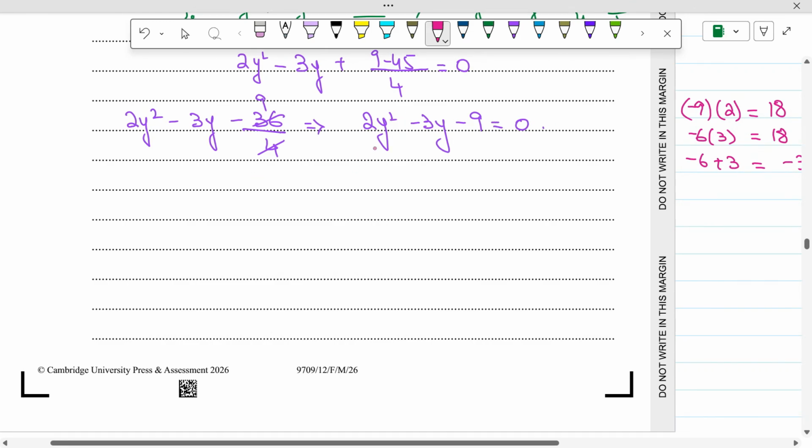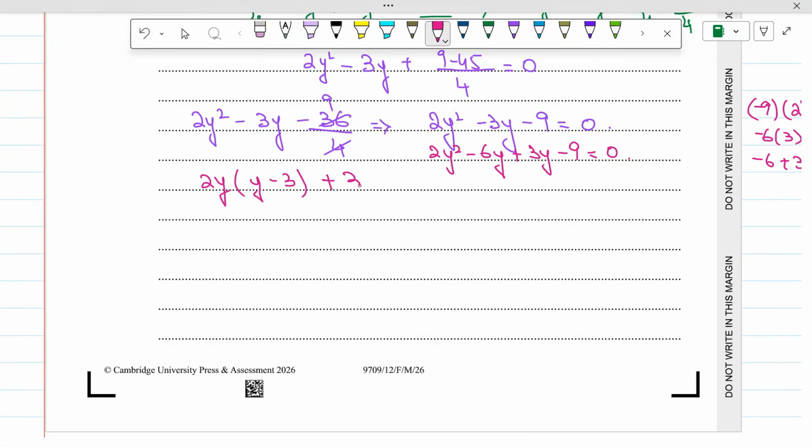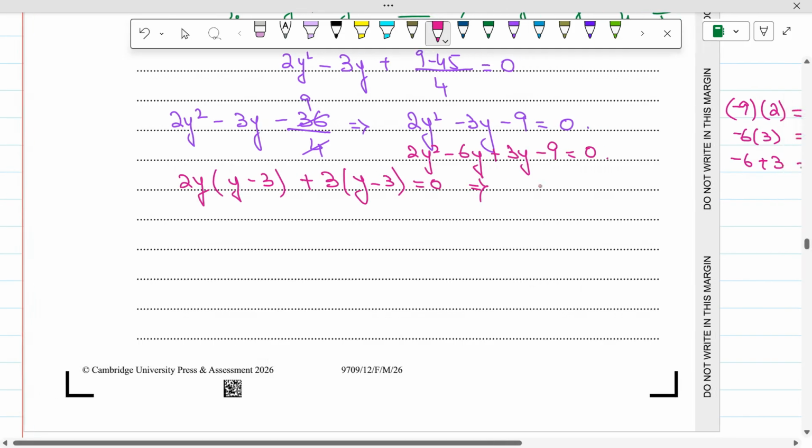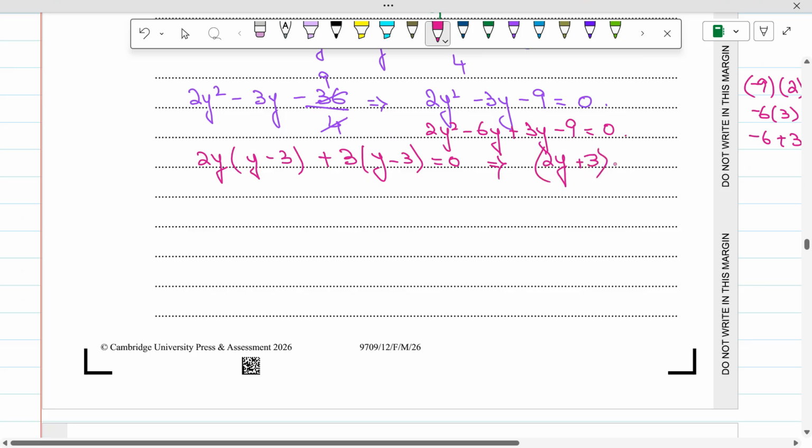So 2y squared minus 6y plus 3y minus 9 equals 0. Taking 2y common, we have 2y times (y minus 3). Taking 3 common, we have 3 times (y minus 3) equals 0. Further solving, we have (2y plus 3) times (y minus 3) equals 0.